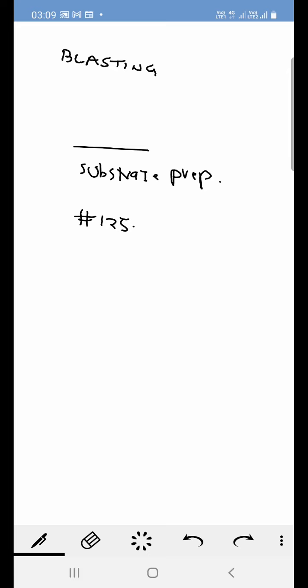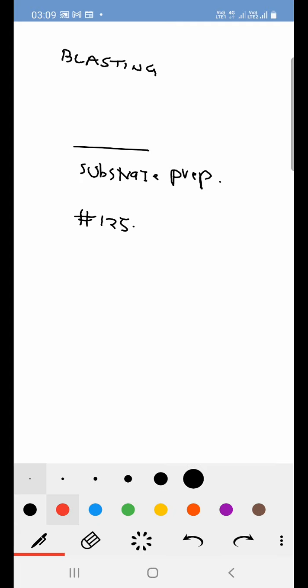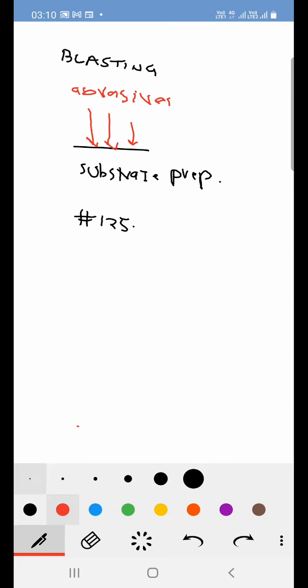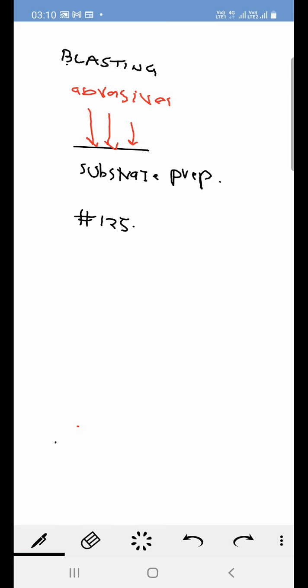Whenever you are modifying or preparing the surface, you need to bombard it with some abrasives. That is why blasting is sometimes also called abrasive blasting.